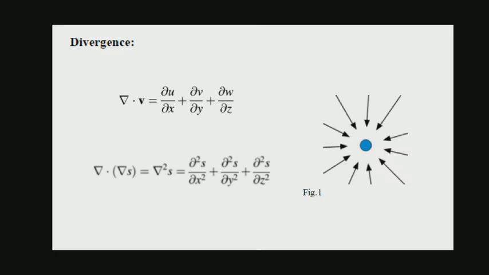In fluid mechanics, this vector field represents the velocity field of a sink or source flow. The formula is given by del dot del s, that is del square s. It is given by del square s divided by del x square, del square s divided by del y square, del square s divided by del z square.